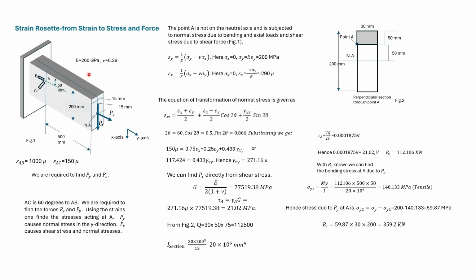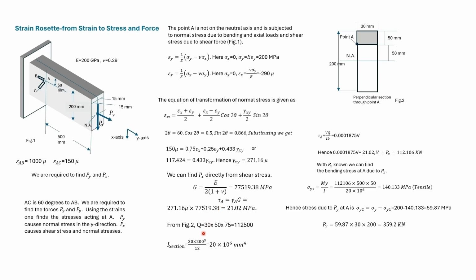The Young's modulus is given, so we find G. Tau is gamma into G. So we can find the shear stress at the point A. The shear stress can also be found out using VQ by Ib.